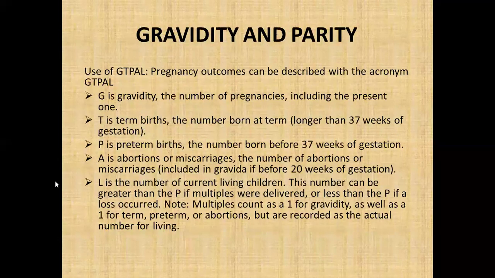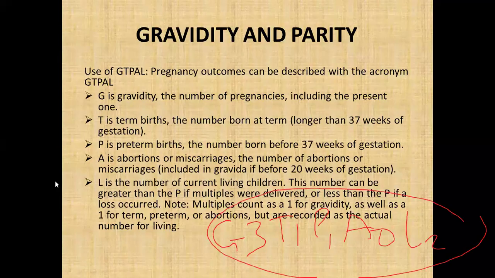So you have a question, and the question is giving us, let's say G3, T1, P1, A0, and then L2, and they are asking you to explain what is in front of you or what this represents.